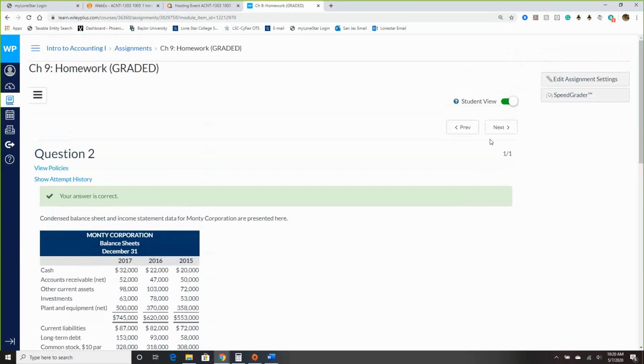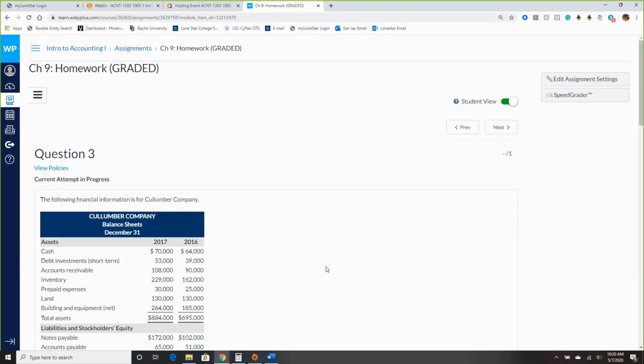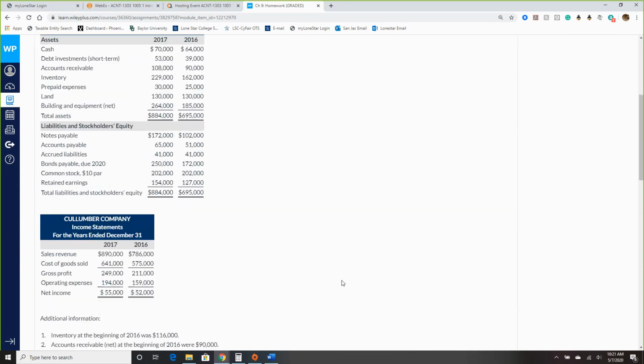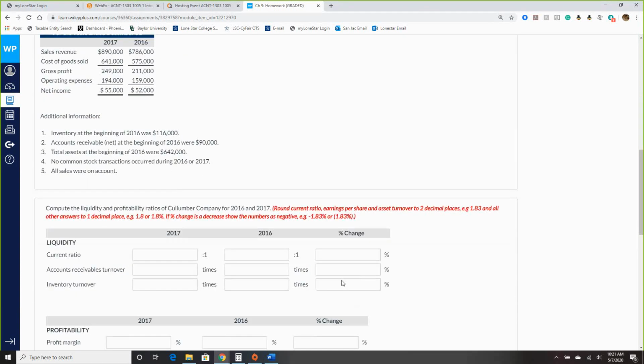Alright. Question 3. Odds are we got more ratios. That's what really this chapter was about. Oh, and this is comparative.